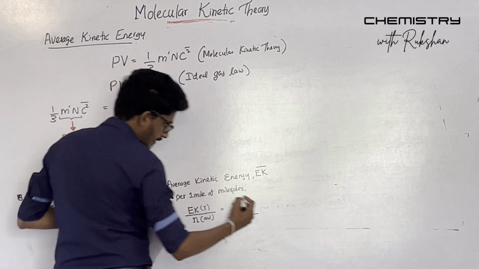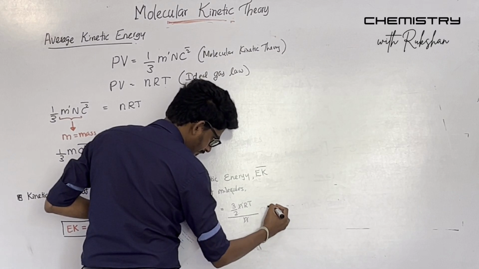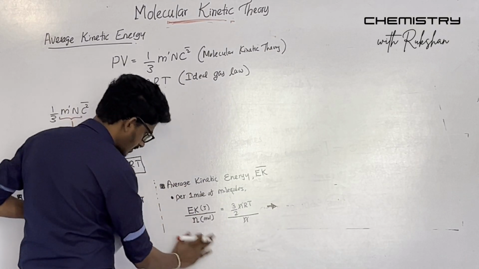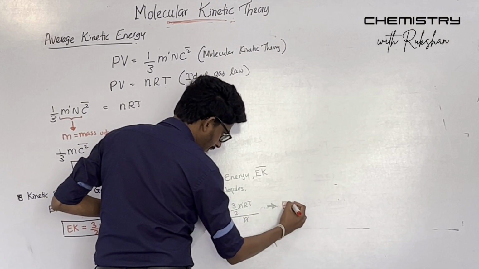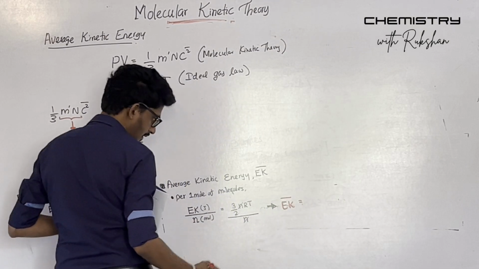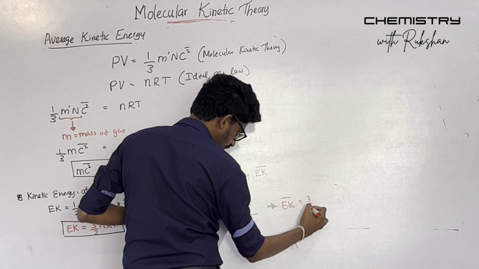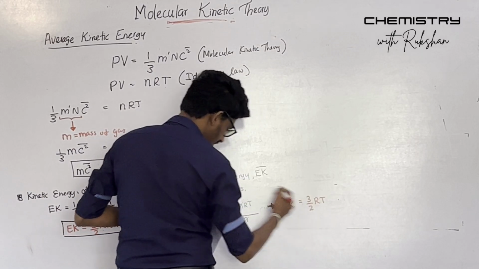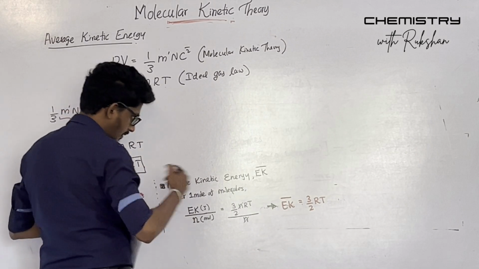I'll write that here. Copy this equation: E K bar per mole is equal to 3 over 2 R T per mole.